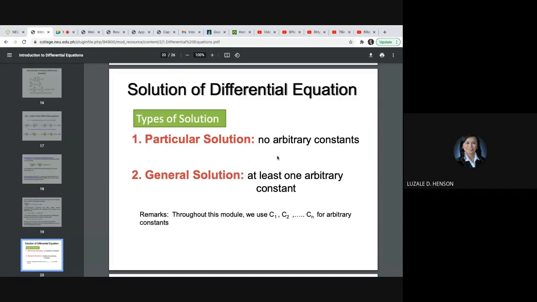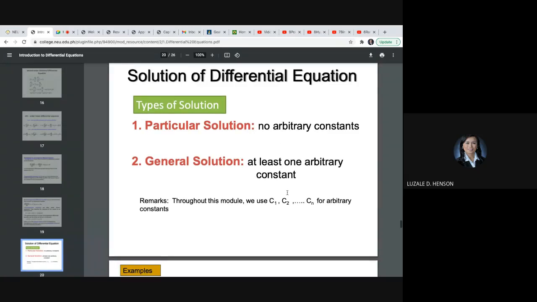Pero pag dalawang beses ka nang nag-integrate, meron ka ng c sub 1, meron ka ng c sub 2, and kung ilang beses ka nag-integrate, kaya meron kang c sub n. Now, general solution is at least one arbitrary constant ka. Kaya ito, walang arbitrary constant kasi may initial condition, sinubstitute mo yung value ng x and y, kaya na-solve mo siya. Sa general solution naman, meron kang arbitrary constants.